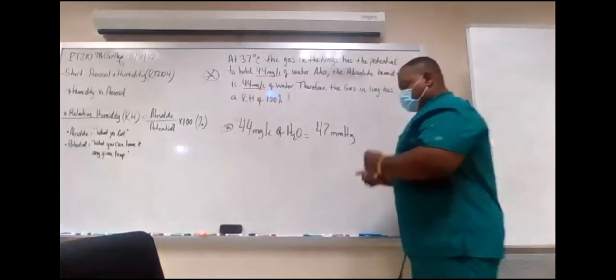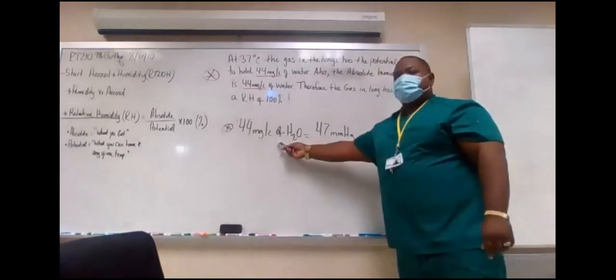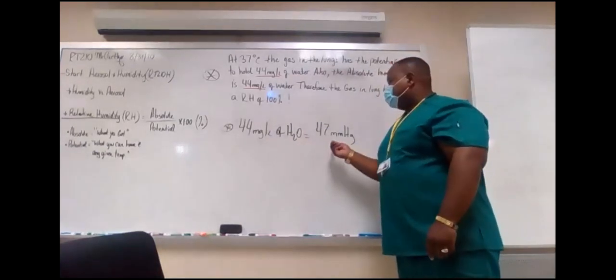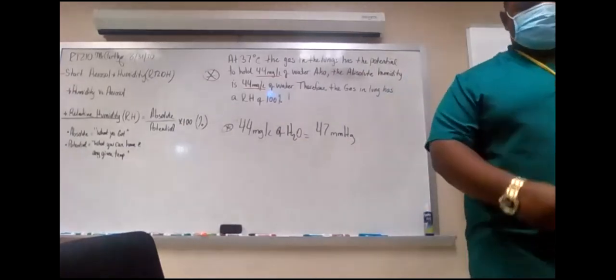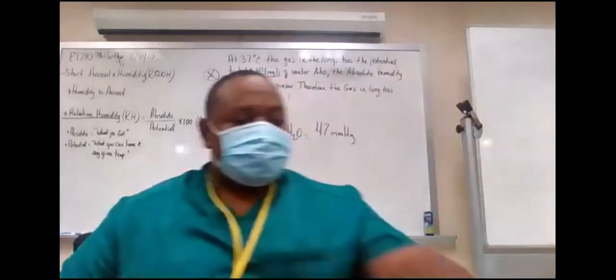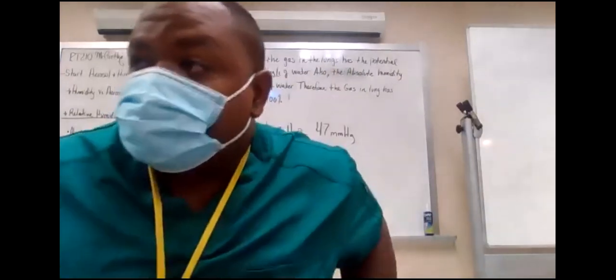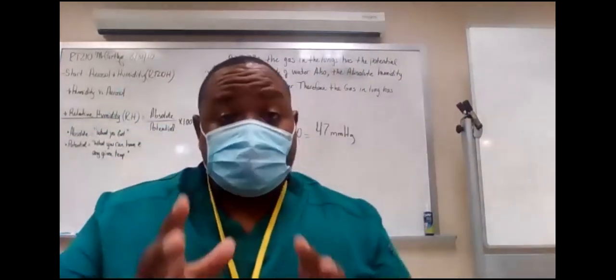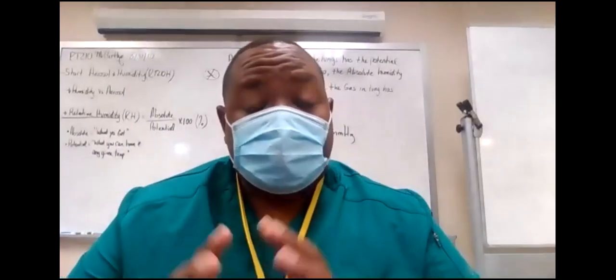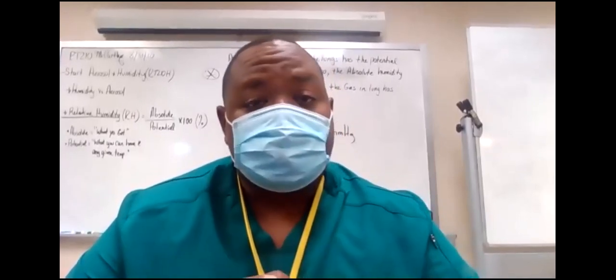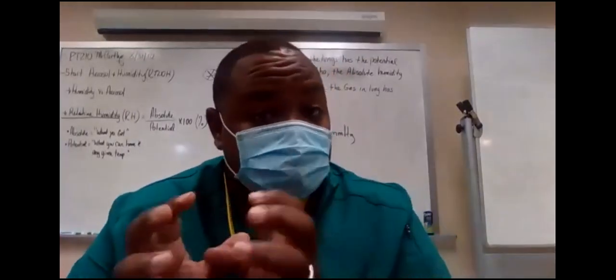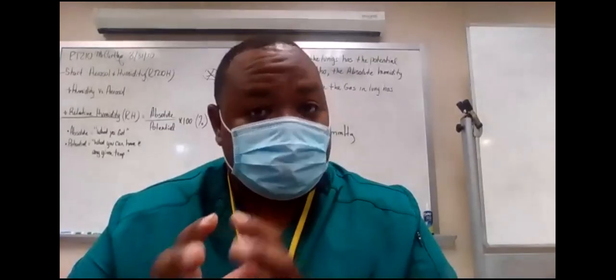That's another true statement. 44 milligrams of water equals 47 millimeters of mercury. See, now you got to go back because we said the alveolar air equation says that the alveolar pressure of oxygen in the alveoli, you have to do FiO2 times the P bar, which is the barometric pressure, subtract the water vapor pressure, right?